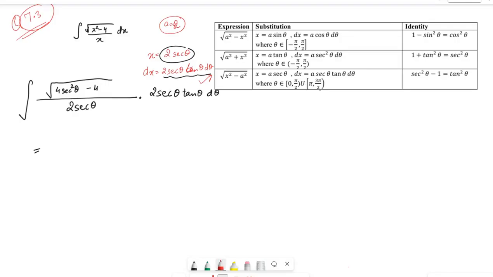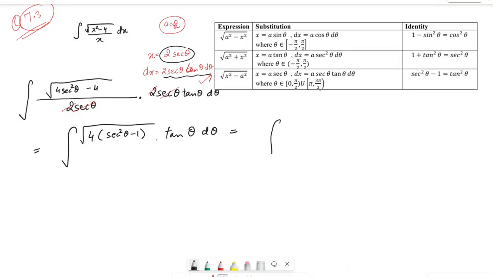We see that secant theta can be cancelled, reduced to 1. We have 4 factored out, and this is secant squared theta minus 1. Actually, this 2 is also being cancelled, so we don't really need to write anything in the denominator, times tangent theta d theta.